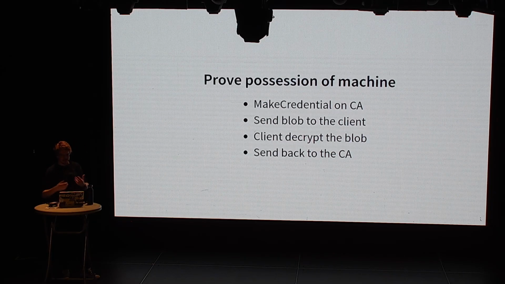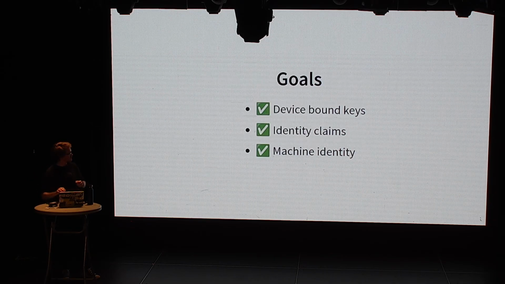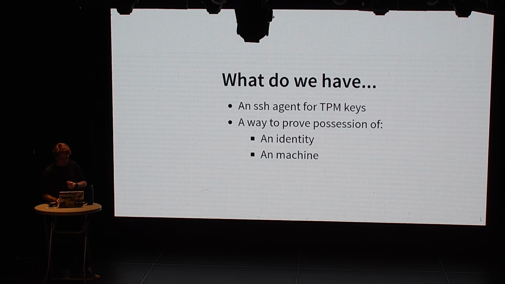And that helps us to prove possession of the machine that we're actually using. So that means that we have device-bound keys, we have identity claims, and we have some way to do machine identity. Yes, so the SSH agent is going to do the TPM key operations for us. We have a way to prove possession of an identity and the machine.